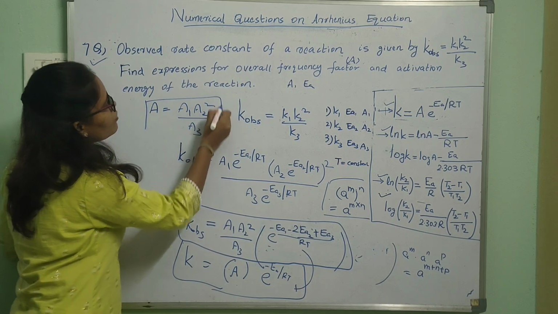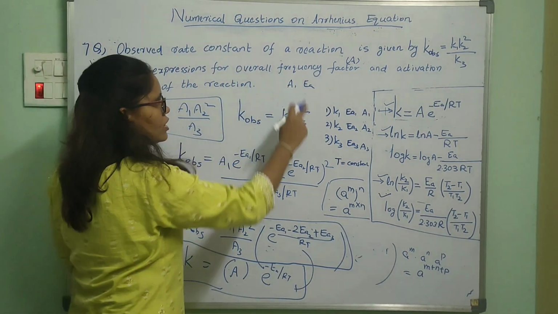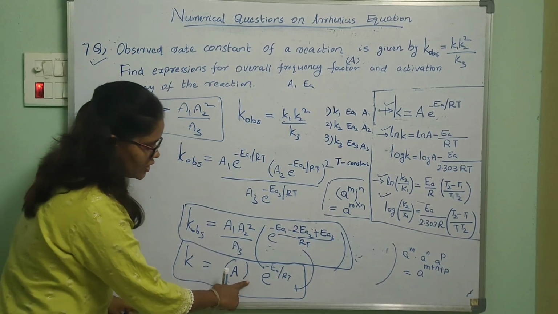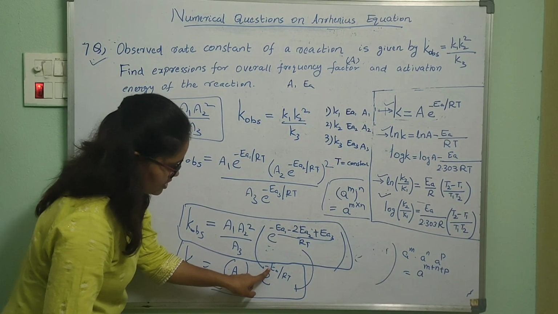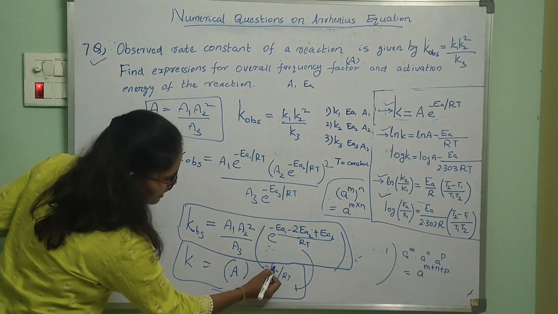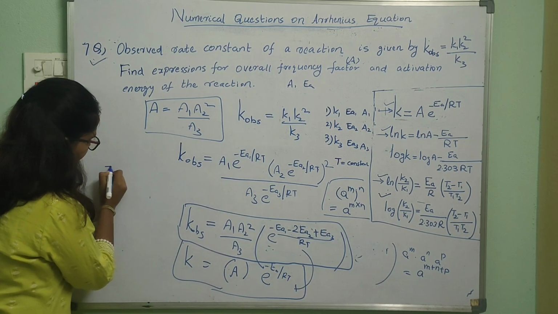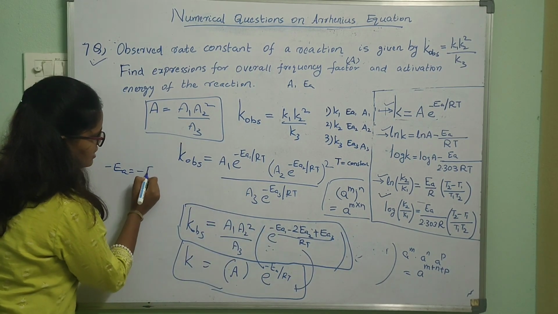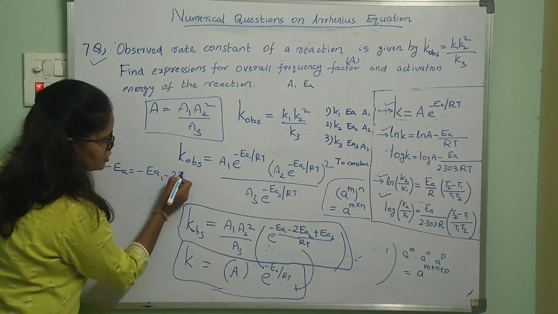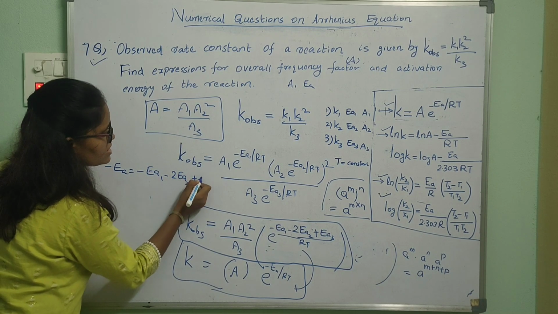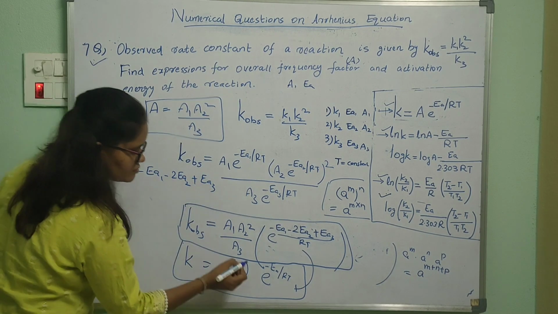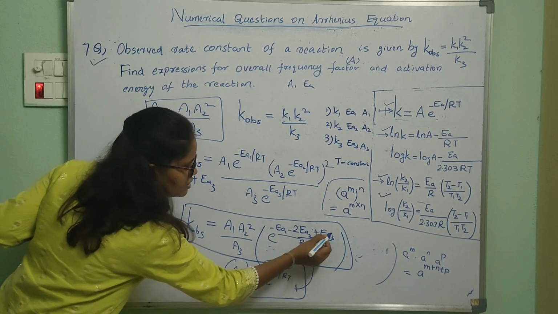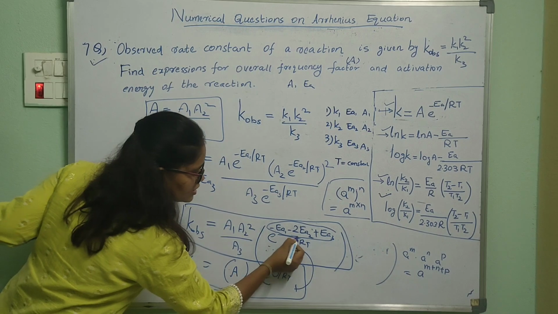So this is the overall Arrhenius parameter, or overall frequency factor, of the reaction. And what is the overall activation energy? Here, minus EA is equal to minus EA1 minus 2EA2 plus EA3. I'm just comparing these two terms.